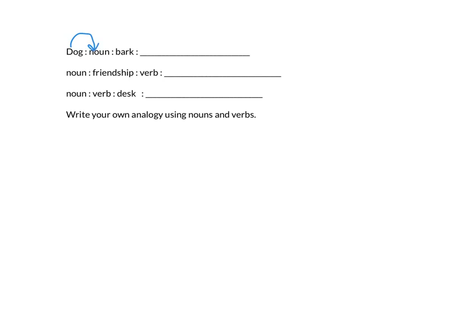So therefore, what we need to think about is, what part of speech is the word bark? Well, I'm not talking about bark on a tree. I'm talking about something that a dog does. So in this case, dog is to noun as bark is to verb, because a verb is something you can do, and dogs bark.